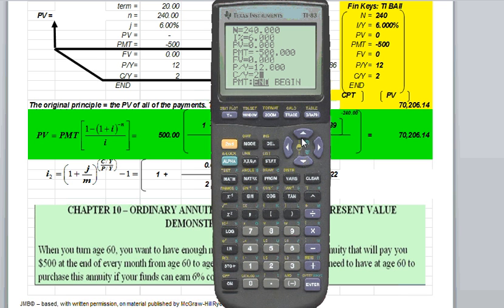Then we scroll to present value and press alpha and enter, and we have the same value as before.